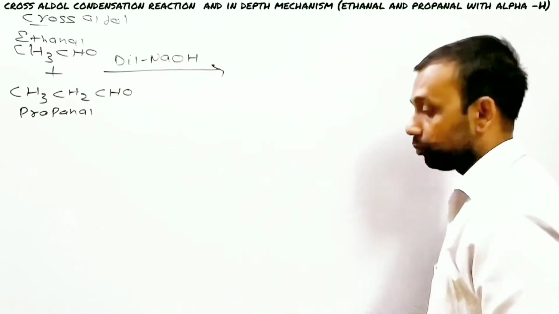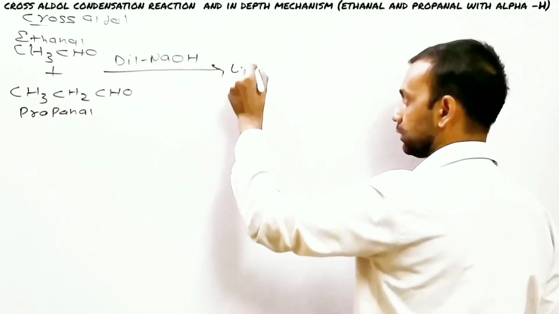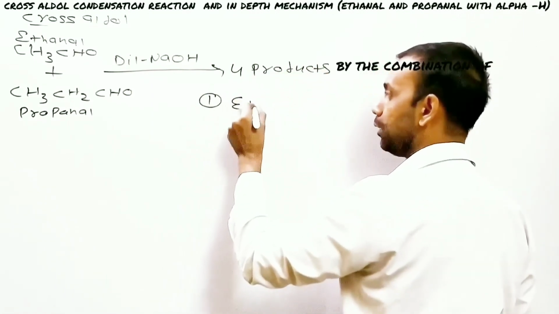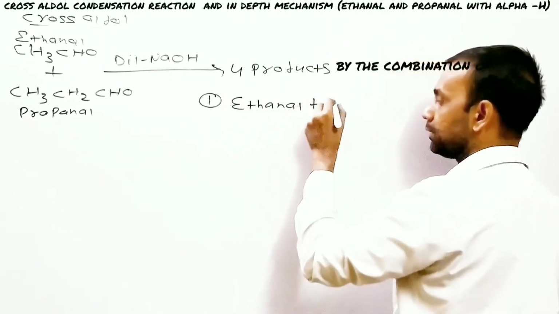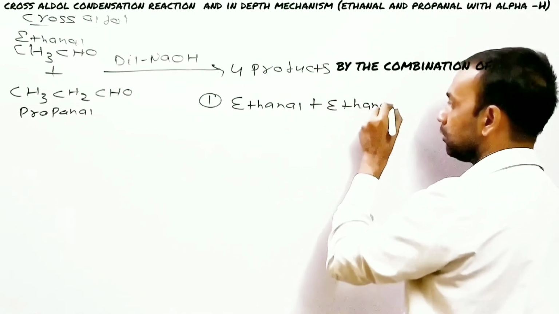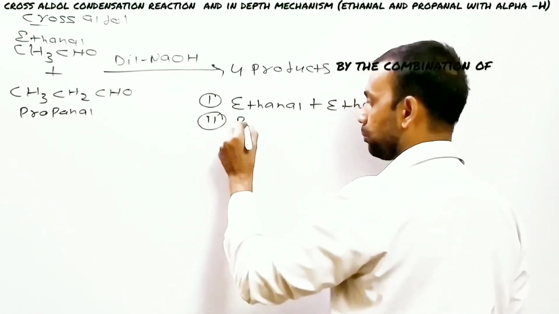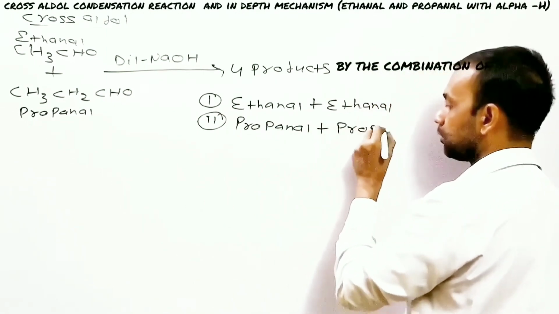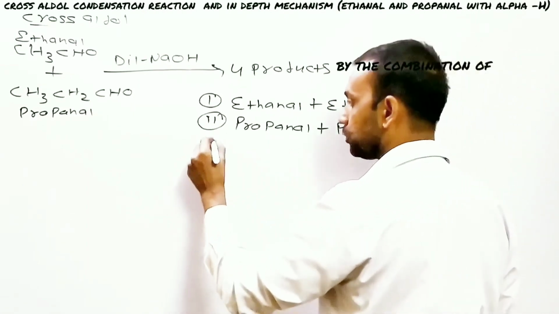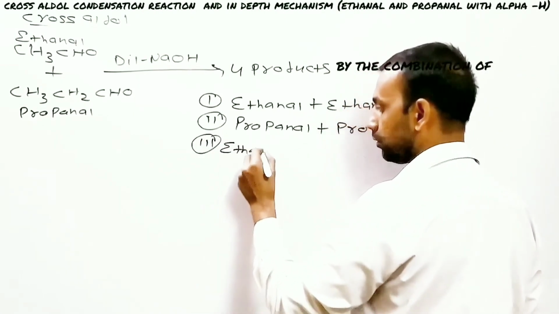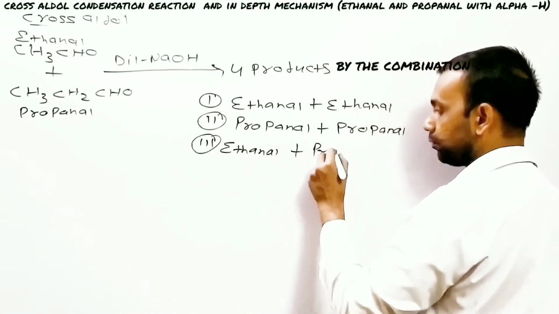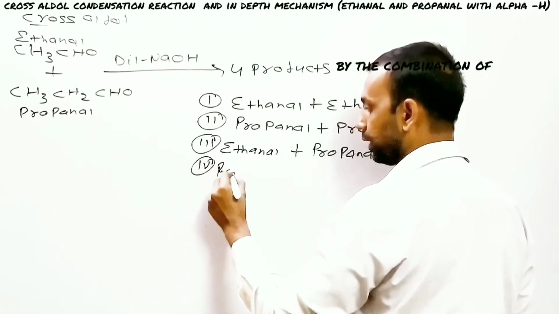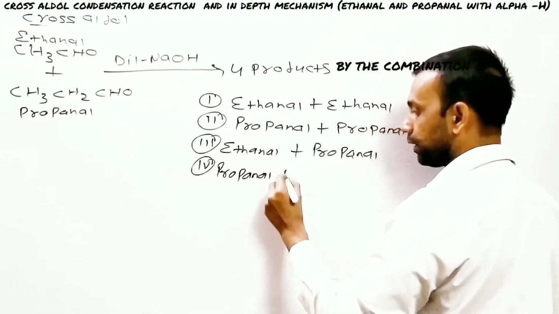Now it gives four products: ethanal plus ethanal; the second, propanal plus propanal; the third, ethanal plus propanal; and the fourth, propanal plus ethanal.